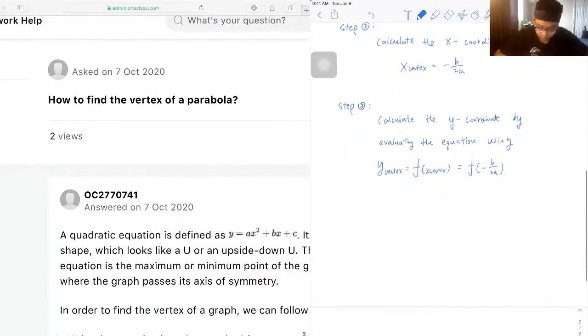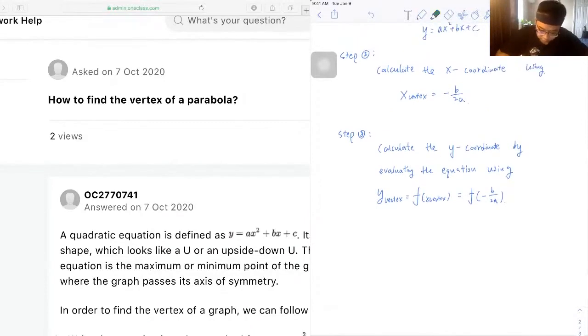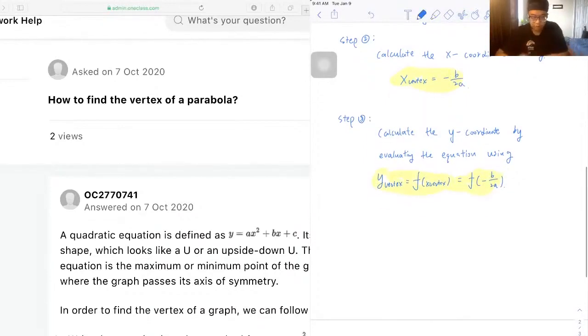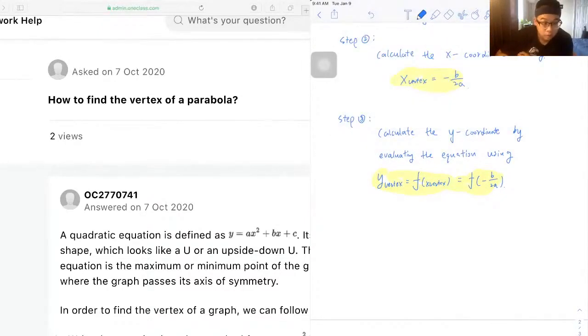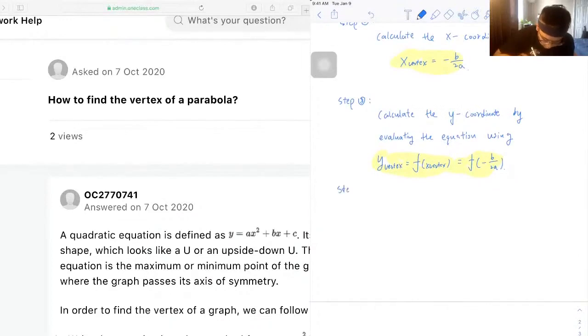Right. So now we have the x coordinate and y coordinate. So now we can write the conclusion, which is our step 4.